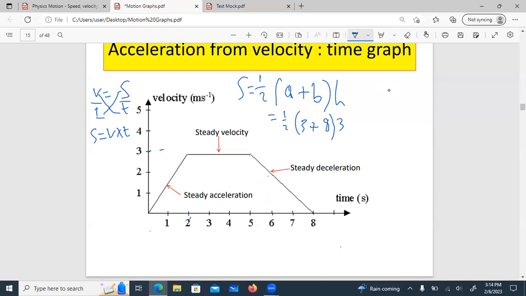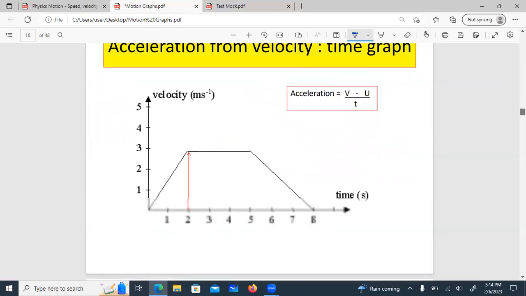So now we have half open brackets 3 plus 8 is 11. 11 multiplied by 3 gives us 33. So if I multiply half by 33, I'll get 16.5 meters. That gives us the total distance traveled represented by this graph. Let us solve another question on this.